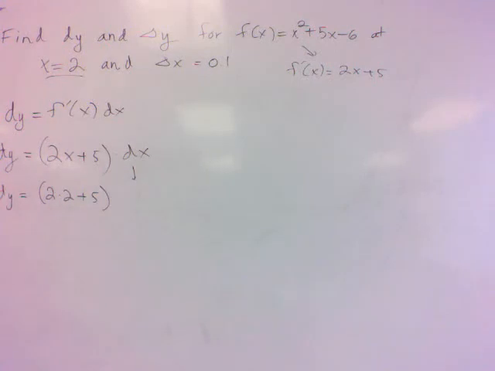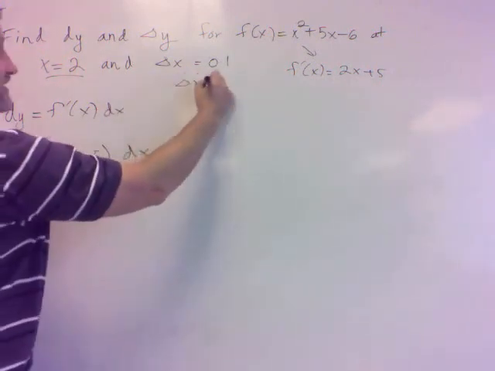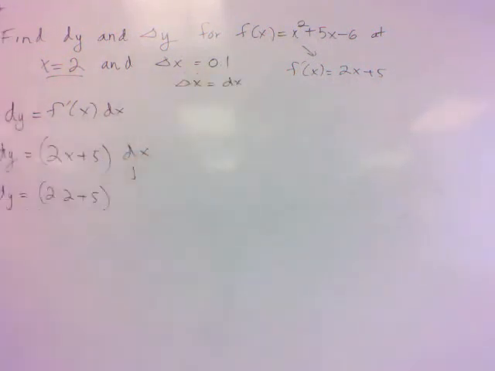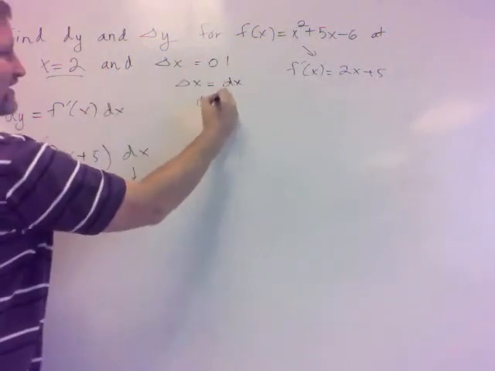And we actually do have a value, even though it's not specifically stated. We do have a value of dx. What is dx? I don't have it given, but I know what it is. Yeah, delta x equals dx, vice versa. So if delta x is 0.1, then what is dx?